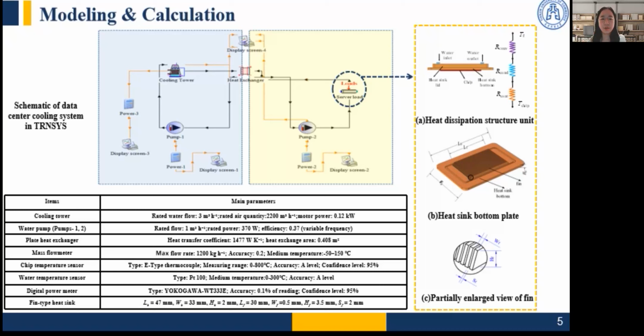The whole system includes the analog server cabinet, the control and measuring cabinet, and the water cooling system. The analog server cabinet is composed of 12 analog chips and corresponding radiators.